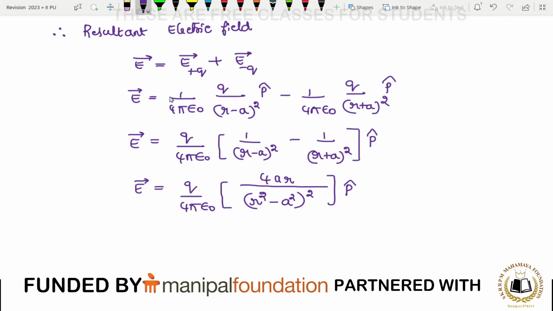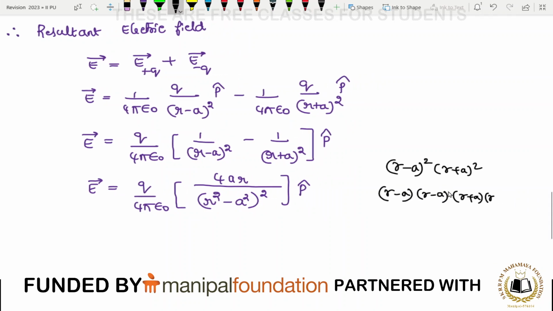Okay, how did we get this one? If you want, I'll explain these terms here. Actually, what is R minus A whole square into R plus A whole square? This I can split and write as R minus A into R minus A into R plus A into R plus A. We can write that one. Okay, combine these two and combine these two, first and last two combine. R minus A into R plus A becomes what?